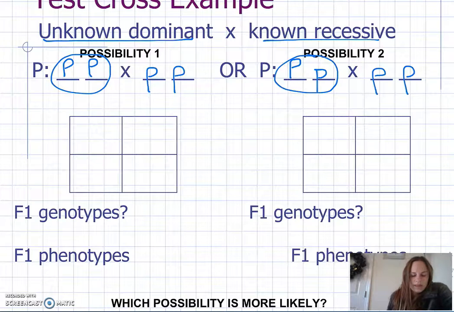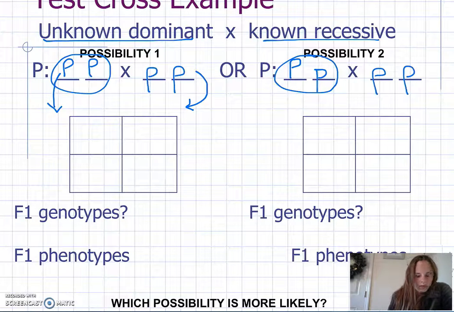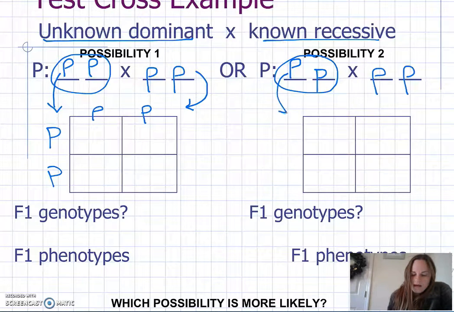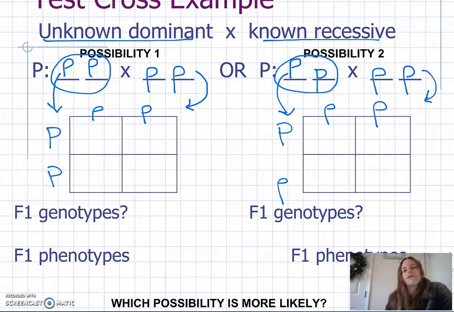So with our Punnett square, what you do is you put the potential gametes on either side of our Punnett square. So I'd put a capital P, lowercase p. I could put a capital P, lowercase p, and then lowercase p.